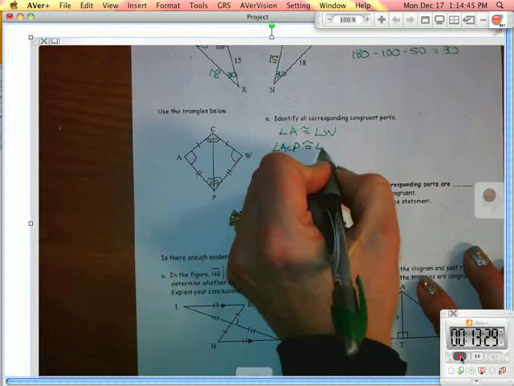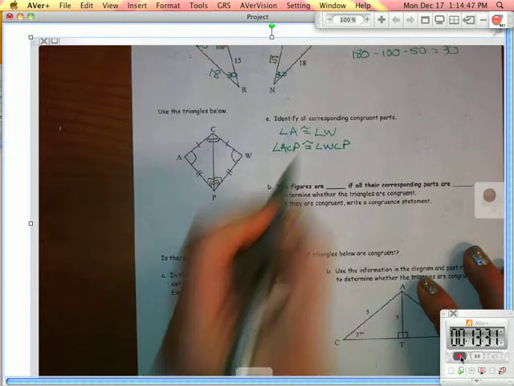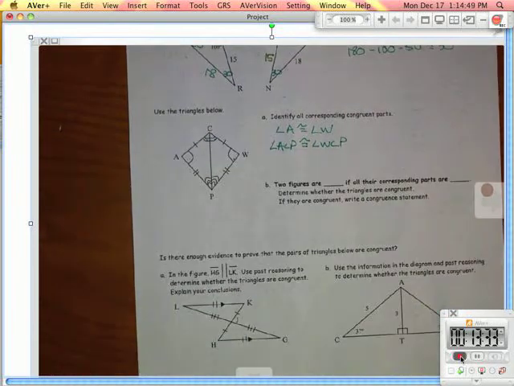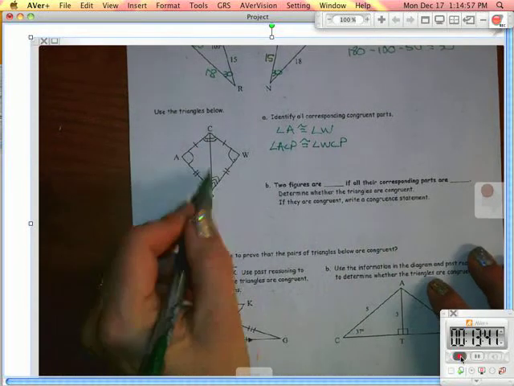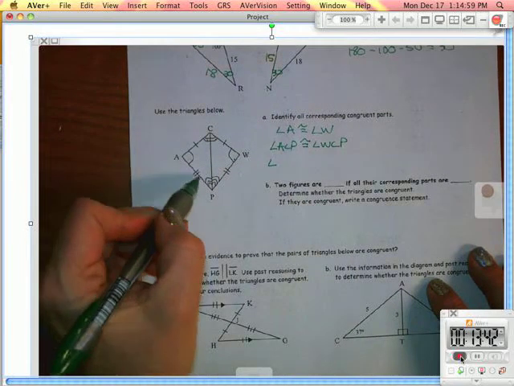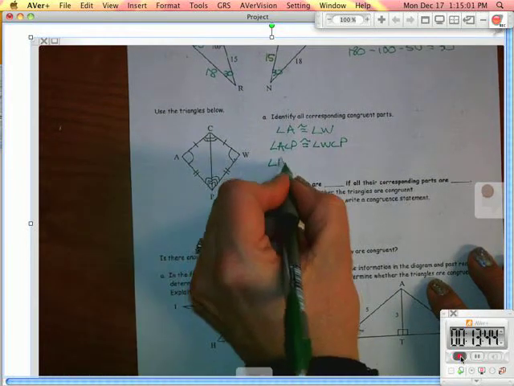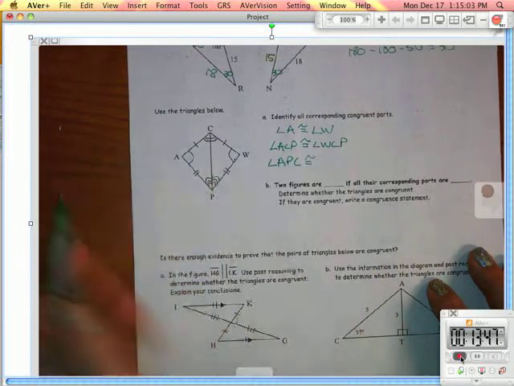Okay, now on the bottom, let's do this. So I would say angle APC is congruent to angle WPC. Slightly different, because see, P is in the middle, so it's talking about this location down here.